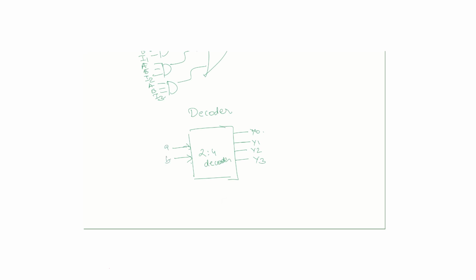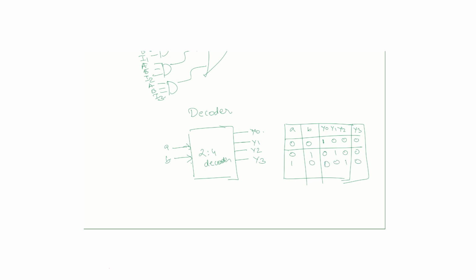The truth table for this would be: if the input is 0 0, the output y0 will be 1 and the rest of them are 0. 0 1 will make only y1 1, and the rest 0.